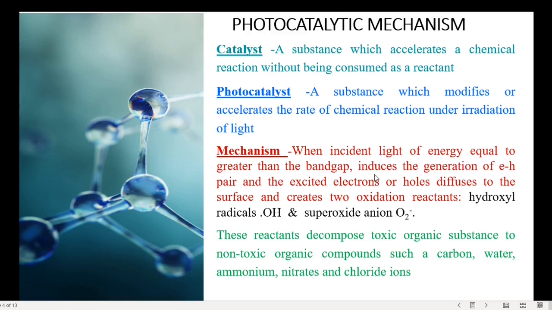It induces the generation of electron-hole pairs, and these excited electrons or holes diffuse to the surface and create two oxidation reactants, hydroxyl radicals, OH, and superoxide anion, O2-. These reactants decompose toxic organic pollutants to non-toxic compounds such as carbon dioxide, water, ammonium, nitrates and chloride ions.